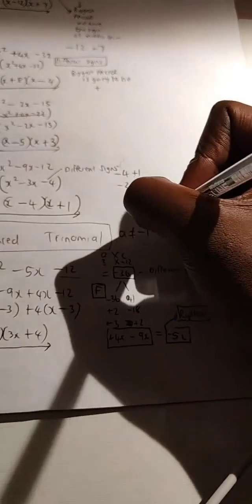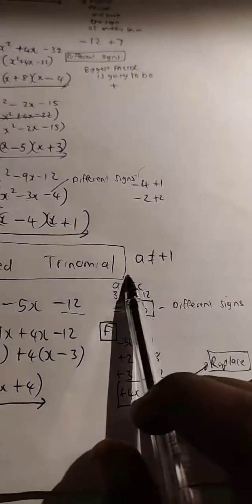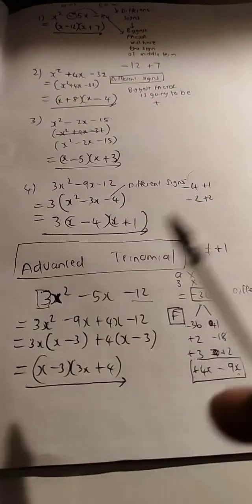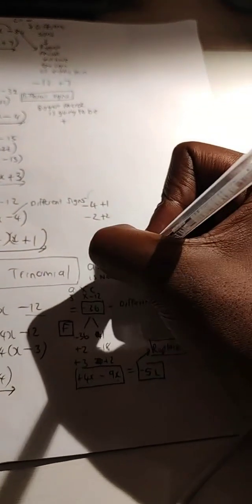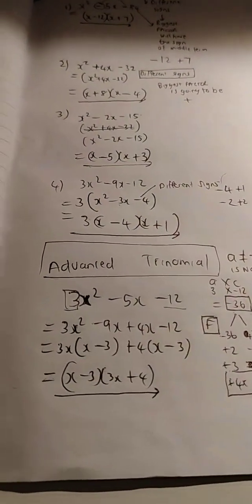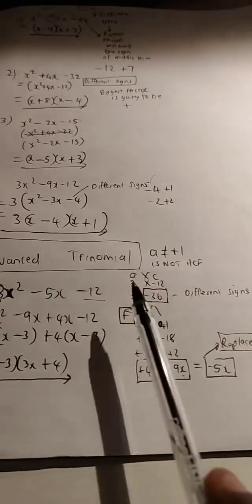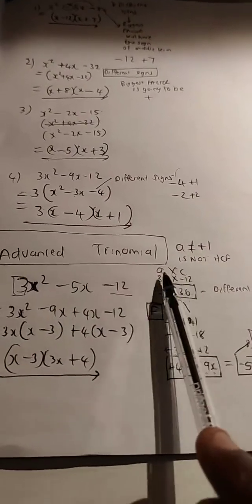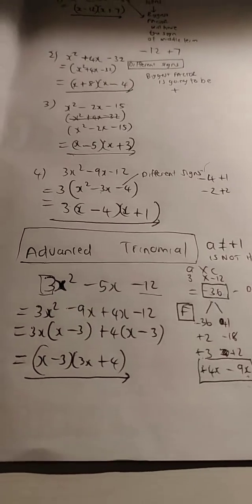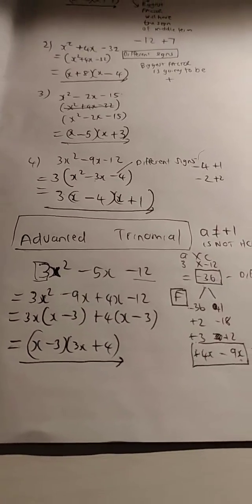This advanced trinomial is a method we apply when a is not 1, and it's very clear that a is not a highest common factor. So that means we are going to have to factorize this with a coefficient that is not 1. And when we do, we use this AC method, a times c, we get the negative 36, and we work on it the way that you have seen me work on.